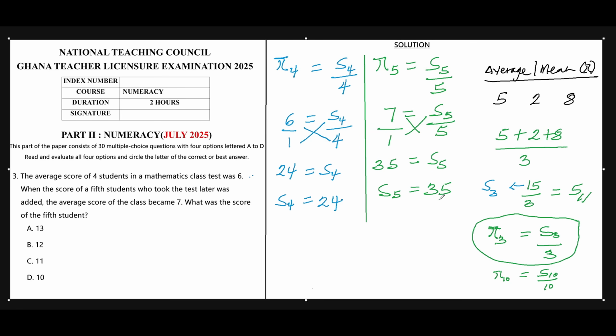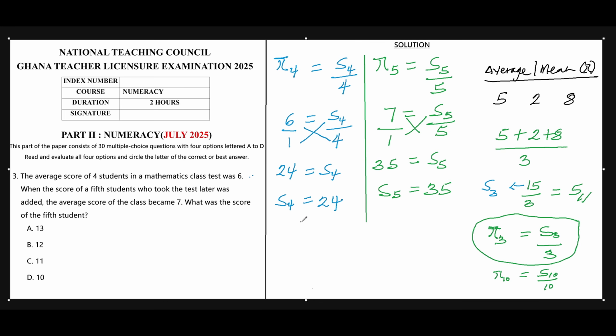So how then do we get the actual score of the new student? In other words, the actual score of the 5th student. So the difference, when they were 4, 24. So when we added the score of the 5th student, their total score increased to 35.